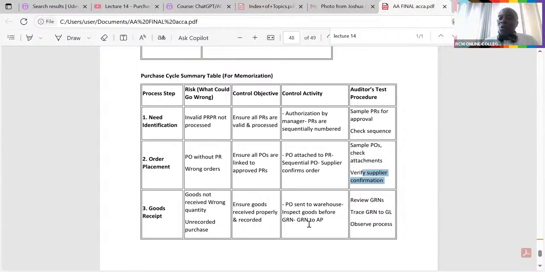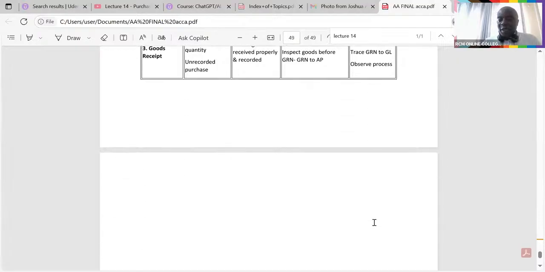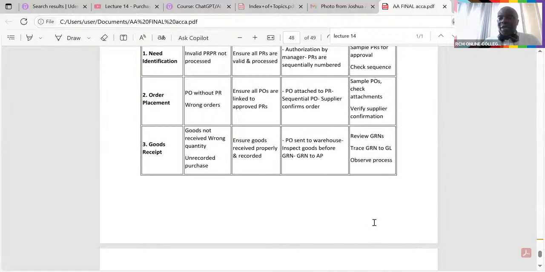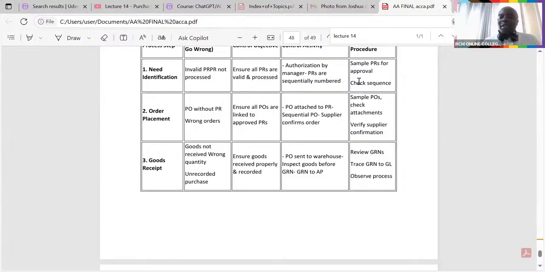Then the goods received note should be... so we expect in this case here the accountant to be doing a lot of work. Review GRNs as an auditor now, trace GRN to general ledger, observe the process. So ladies and gentlemen, that marks the end of this interesting session.